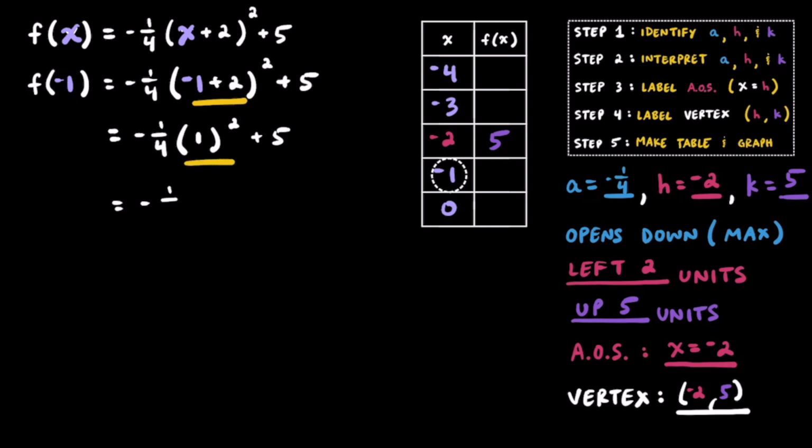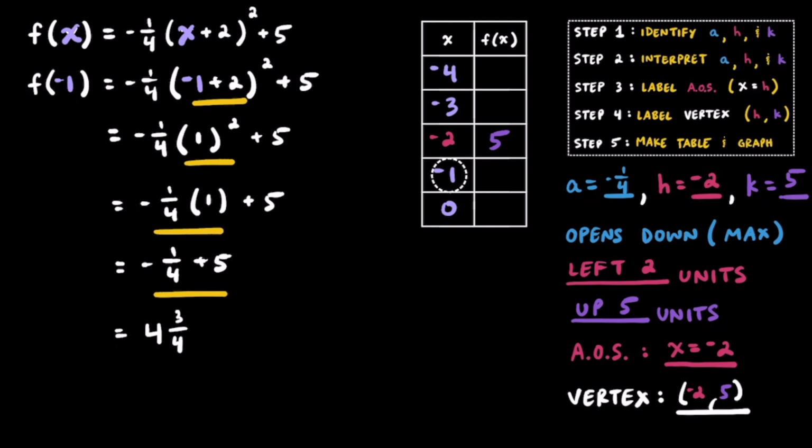So we have -1/4 multiplied by that 1 plus the 5. And -1/4 times 1 is still -1/4, so we'll say -1/4 plus 5. Then we have 5 minus 1/4, and that'll be 4 3/4. So when x is equal to -1, we know that y is going to equal 4 3/4.